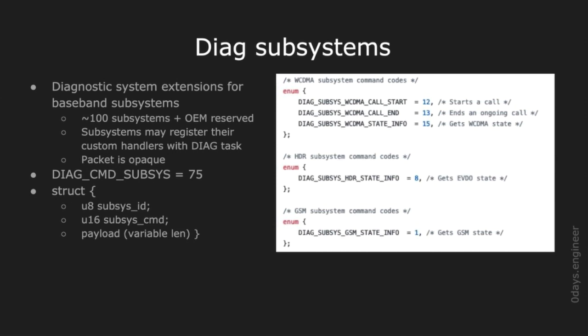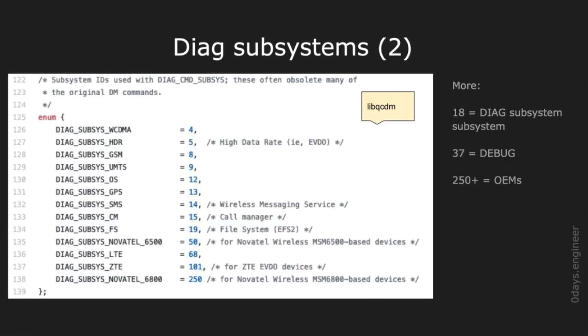There exists quite a large number of subsystems. Not all of them are documented. And when I started investigating this, I noticed that there actually exists a Diag subsystem and debugging subsystem. The latter one immediately interested me because I was hoping that it would enable some more advanced introspection through this debugging subsystem.